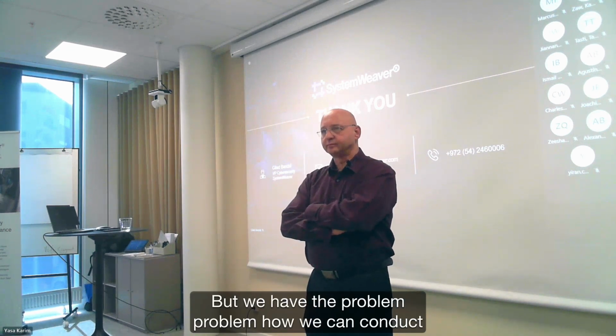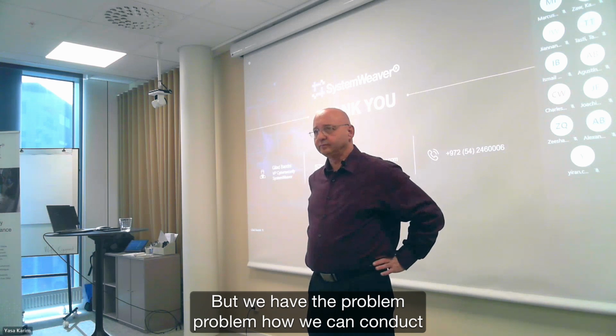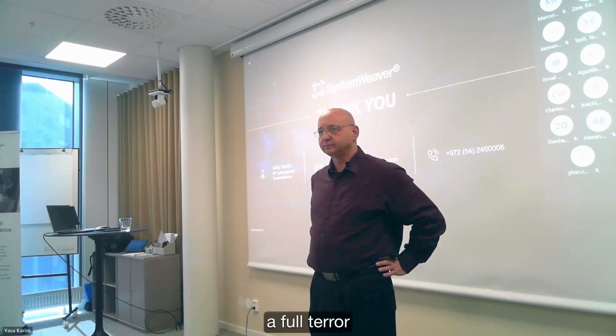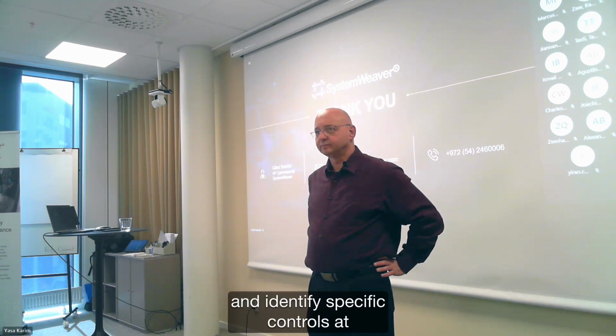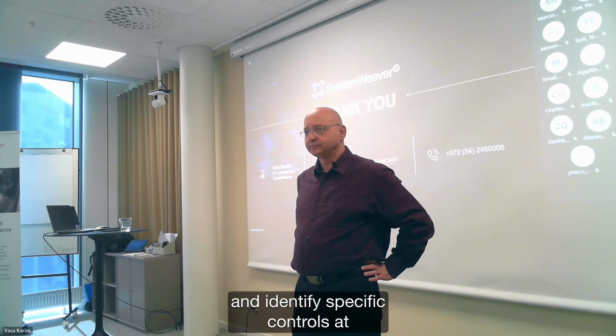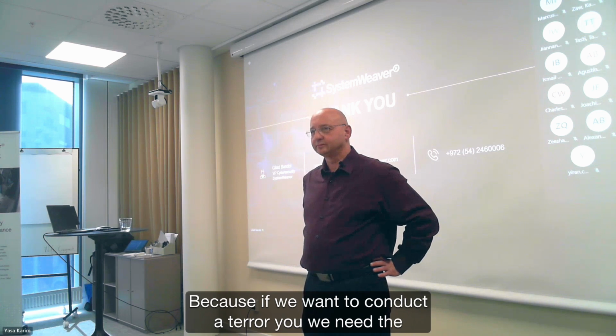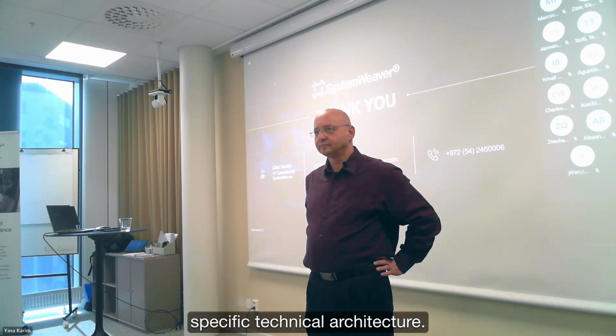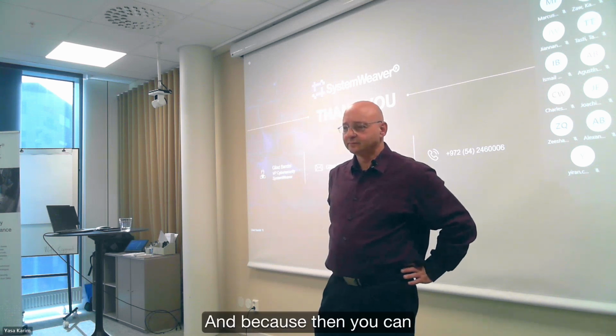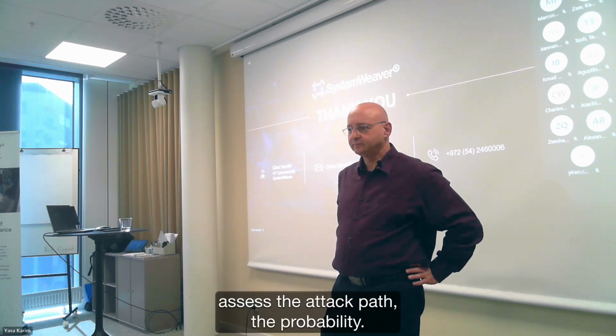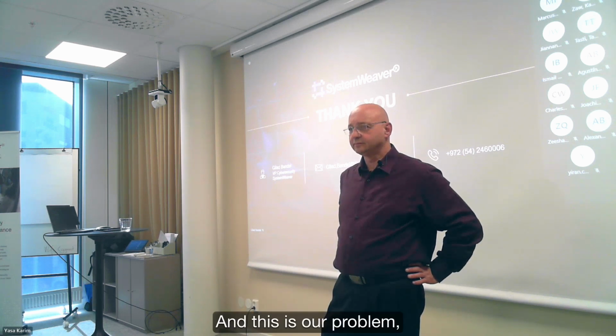But we have the problem how we can conduct a full TARA and identify specific controls at the early lifecycle stage, because if we want to conduct a TARA, we need the specific technical architecture. Because then you can assess the attack path, the probability, and this is our problem.